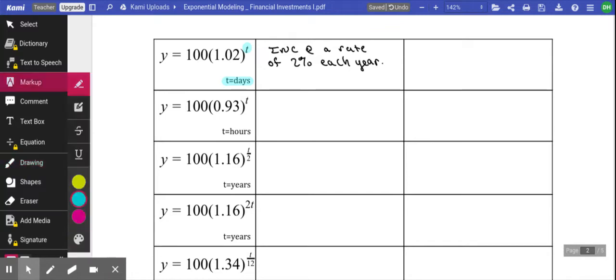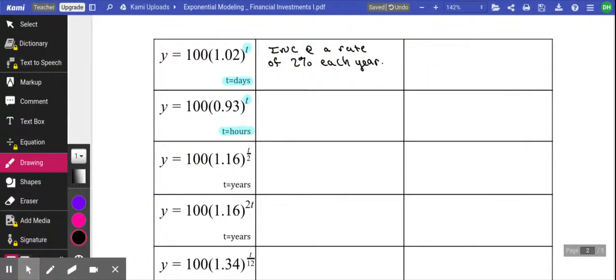Or like in this second example, you'll notice now t is measured in hours, and the coefficient of my exponent is a 1. That's a 1t. So we'll say we are decreasing or decaying at a rate of 7% each hour. All we did is we took our 0.93, subtracted it from 1, got 0.07, moved the decimal twice, and that's how I got my 7%.